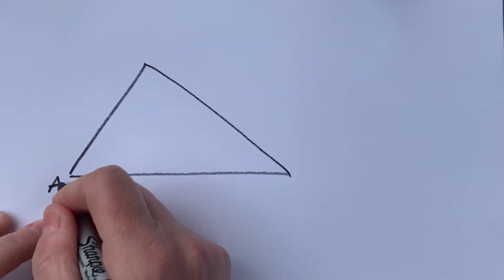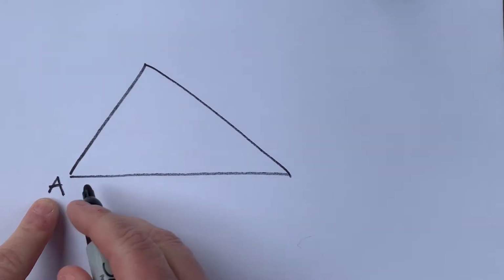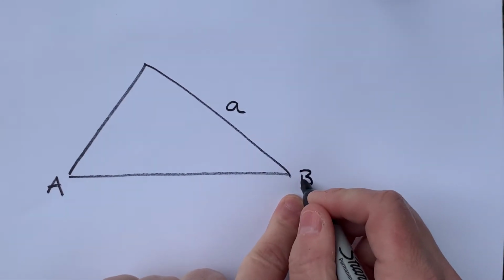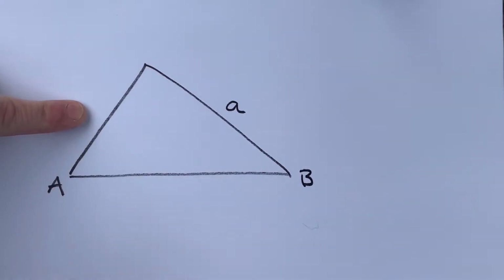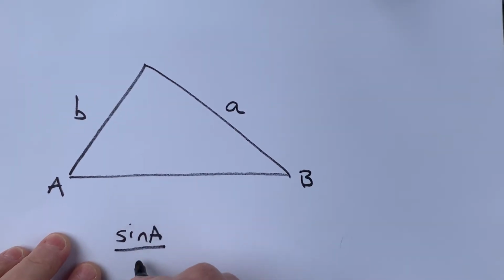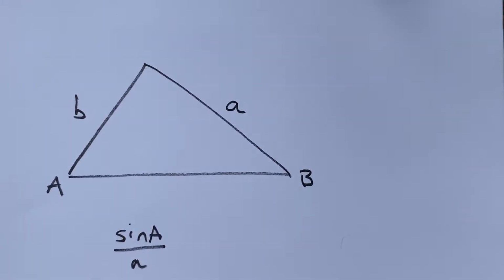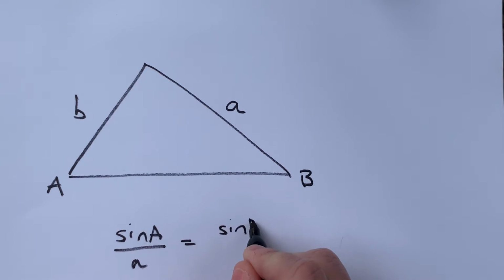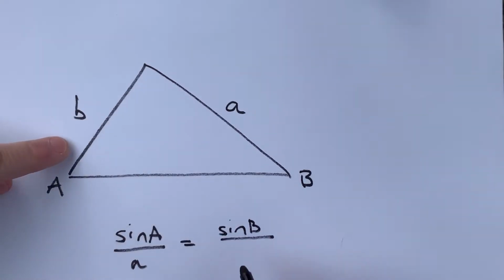If I know an angle and a side that's opposite of it, and I know another angle, and I'm looking for the side opposite of that, I can use this relationship: the sine of angle A divided by the length of the side opposite of it, remember that's a value in your calculator, is equal to the sine of angle B, which is a value in your calculator, divided by the length of the side opposite of that. That's just a proportion and you can solve it.